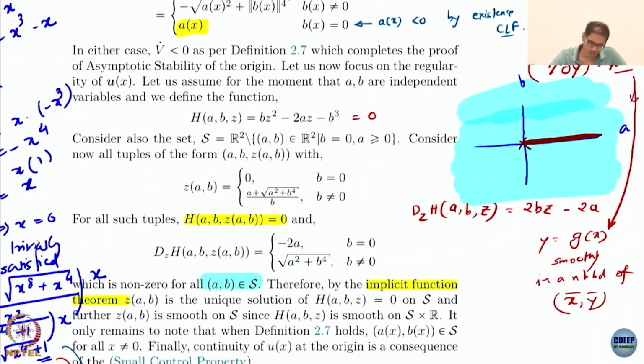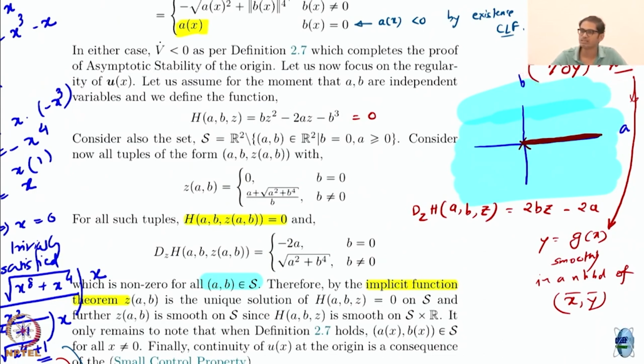The good thing to see is I have mentioned that this is non-zero for all a, b in S, but actually it is positive for all a, b in S, because this is positive, this is also positive, because I have chosen the positive one. That is just notation here. But the important thing is non-zero, which is what we require.